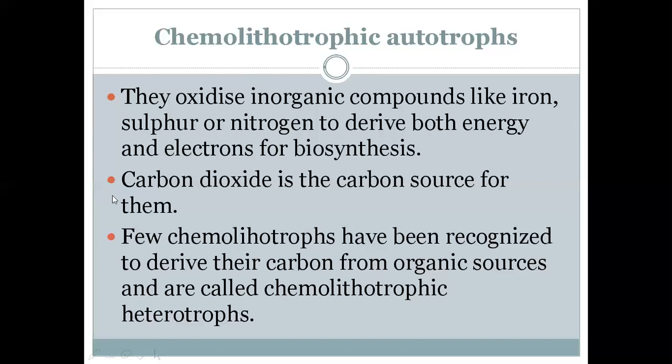As the name suggests, litho, they are able to utilize inorganic compounds as a source of energy as well as electrons, and carbon is derived from carbon dioxide. So these are chemolithotrophic autotrophs. But when carbon is derived from organic sources, then they are called chemolithotrophic heterotrophs.